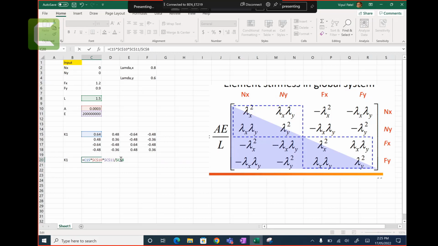I know you like brackets, but you can put the brackets. Look, it will give you the same answer. I can show you how Excel is going to do the multiplications. It will look for multiplication first. So it will take this number, multiply by this number, multiply by this number, and then divide by this number.